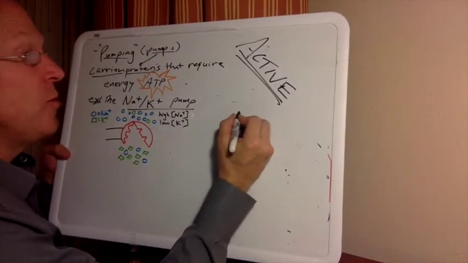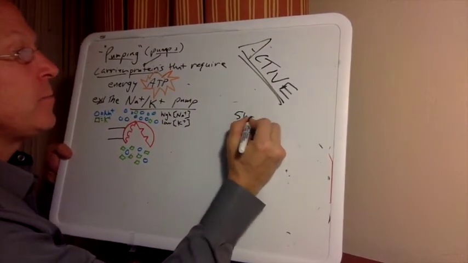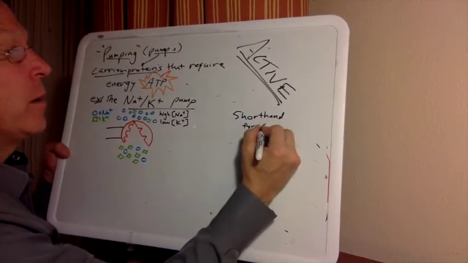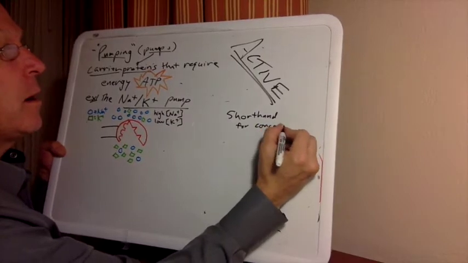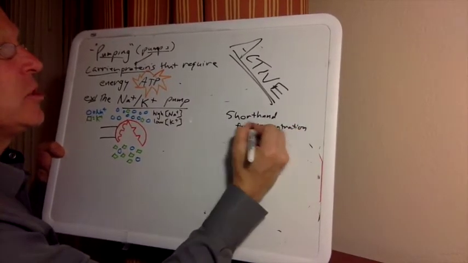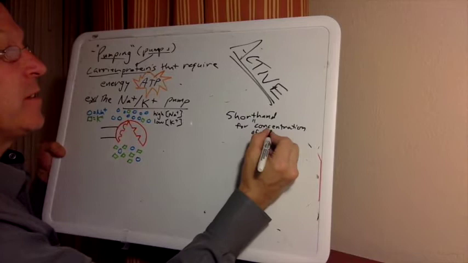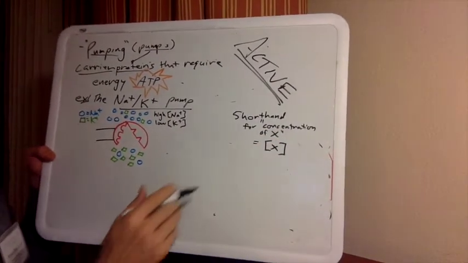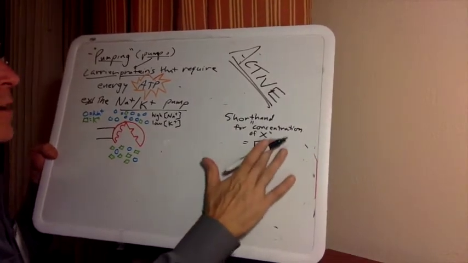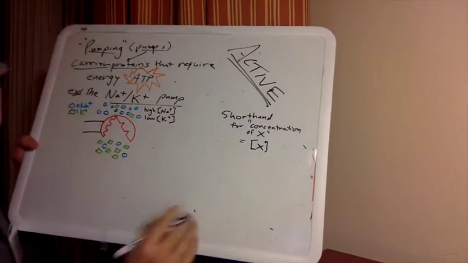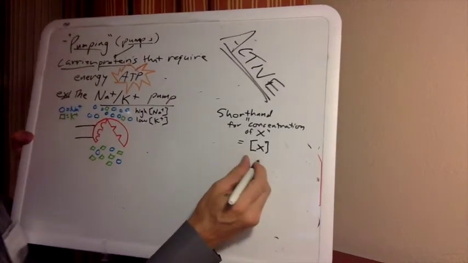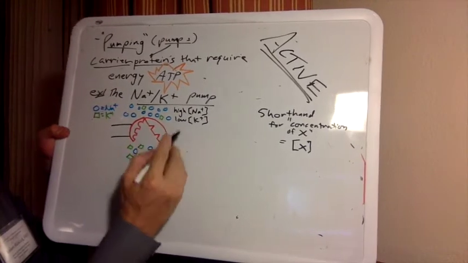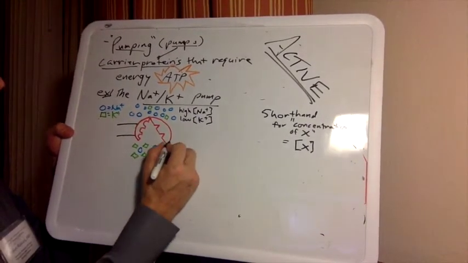I want to remind you that the shorthand for concentration of substance X is brackets around X. That's the universal shorthand. You'll do this day in and day out in chemistry. So notice that I've gone to high sodium and low potassium, and of course the flip side is true on this side of the membrane.